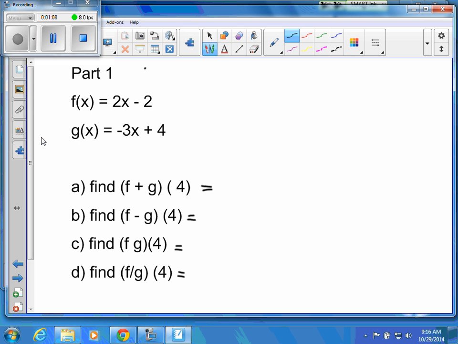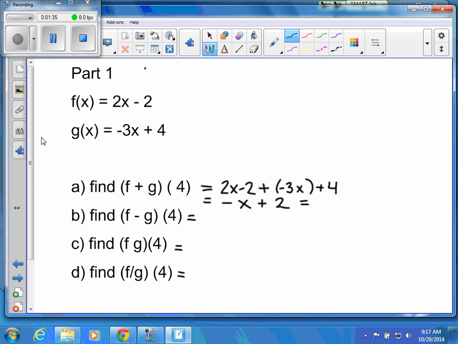So all I'm going to do is add these two functions together. So 2x minus 2 plus negative 3x plus 4, which gives you, put similar terms together, and you're going to get negative x plus 2.